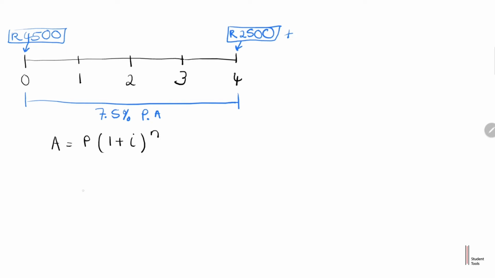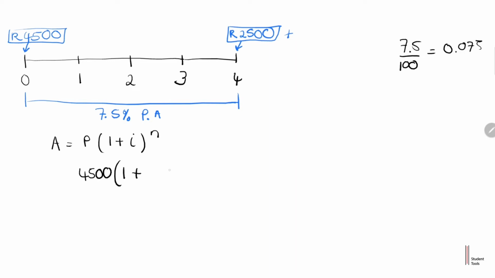Our principal amount is 4,500, so we will have 4,500 multiplied by 1 plus i, the interest. 7.5% is 7.5 over 100, and that is equal to 0.075.